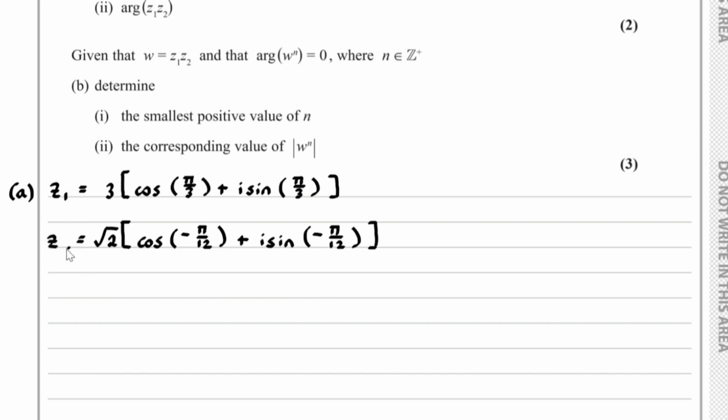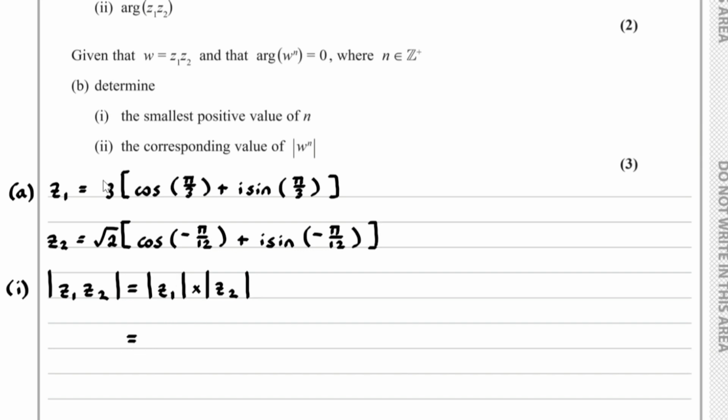We have rewritten z1 and z2 such that we have a plus before the i sine of theta. So when we come to calculate the value of z1 z2 modded, this is the same as z1 modded multiplied by z2 modded.